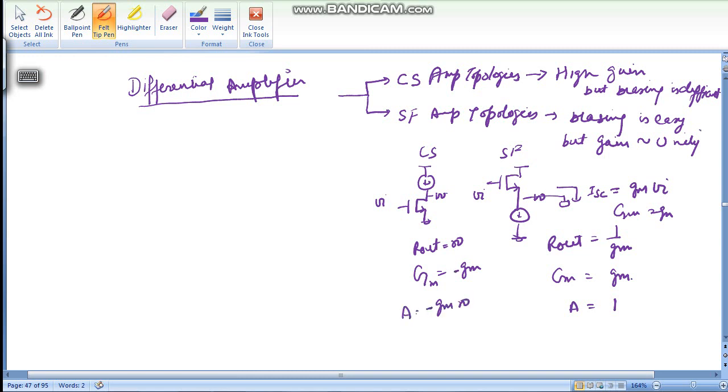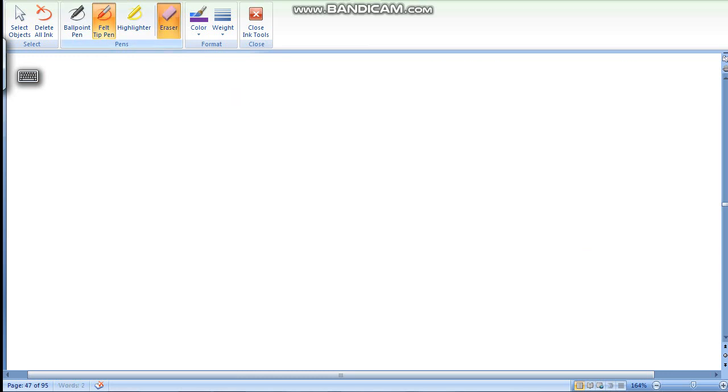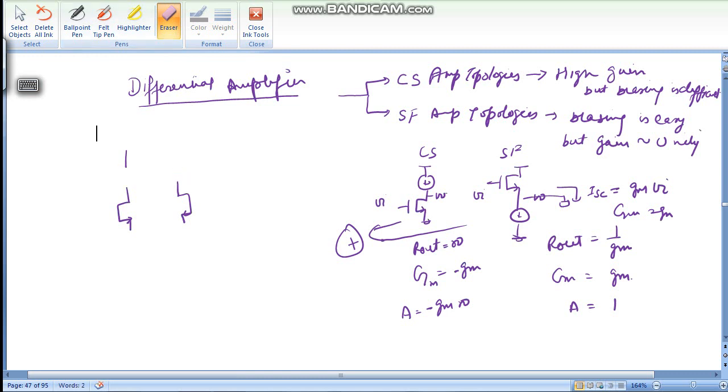So now can we add these two to get benefit of both? Yes. So how we will make this? Say this is common source amplifier, and okay, 1 minute, I will draw in some other way.